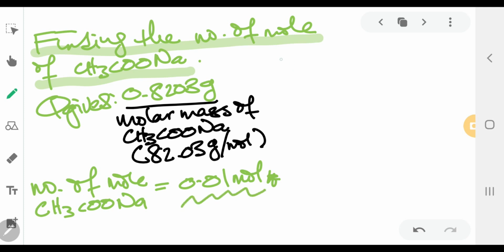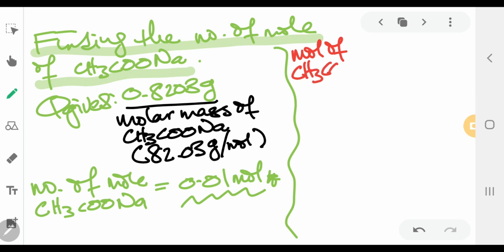Okay, now this is very important for you to remember. Just now we have told you that the mole of CH3COONa will be the same as mole of CH3COO-. Why?